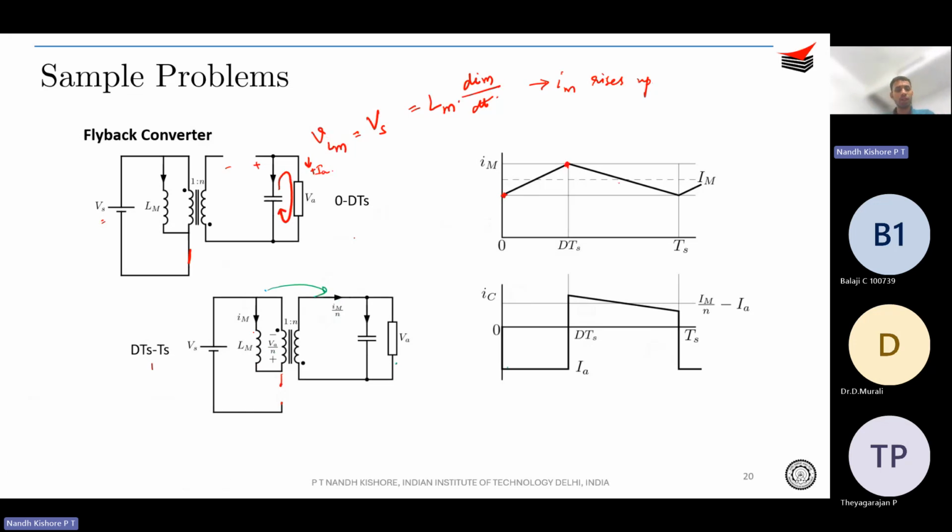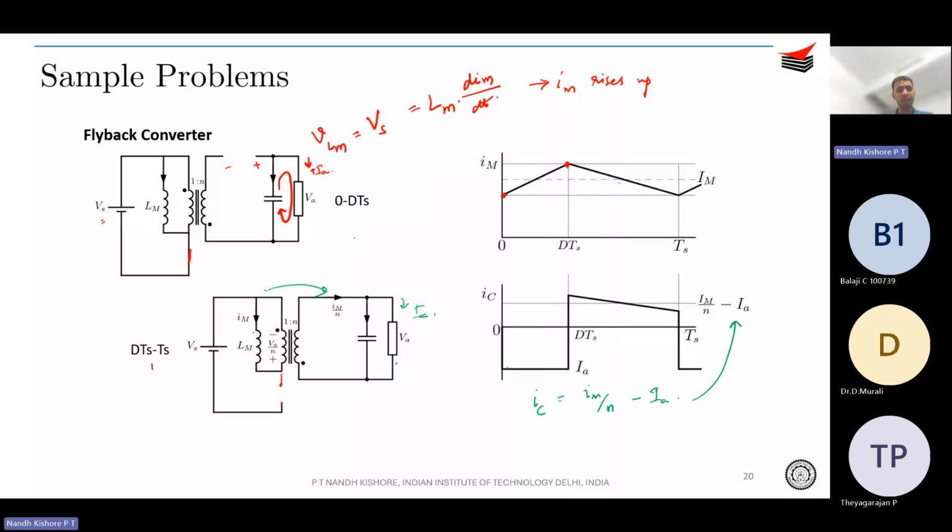Im is the magnetizing inductance current. So this is your Im over N, and therefore you can understand that Ic is equal to Im over N minus Ia. This is just KCL. So this is the operation of the magnetizing inductance.